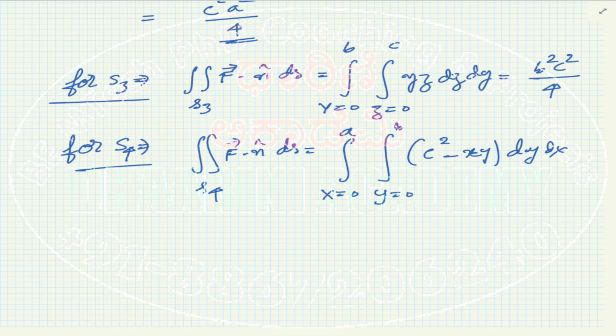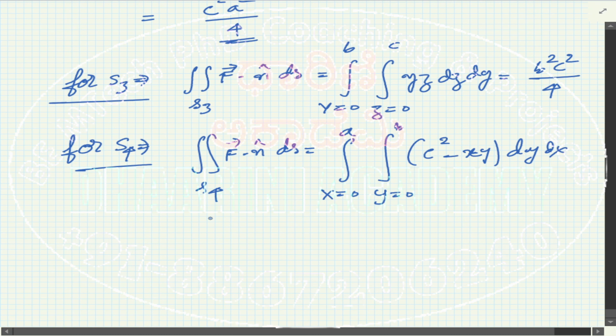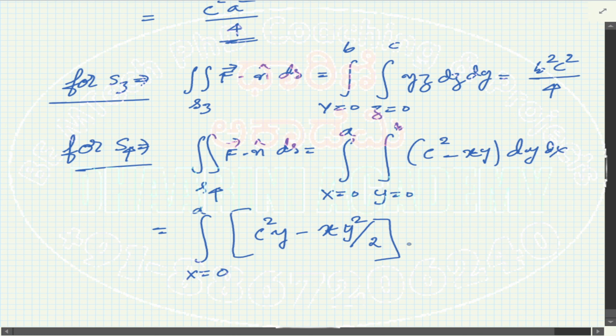So now this is equal to the integral, keep the first integral as it is, that is 0 to a, and apply the integration to the function with respect to y, that is c square y minus xy square divided by 2 from 0 to b dx.